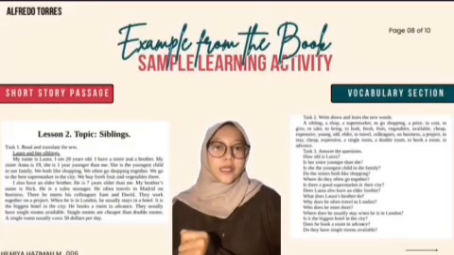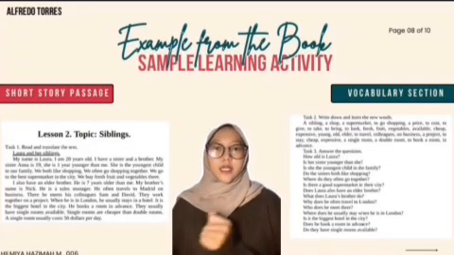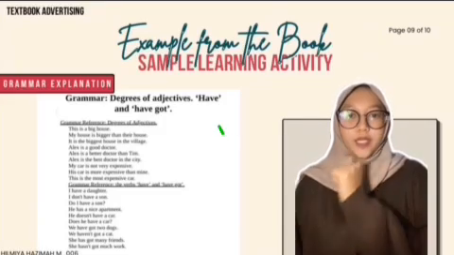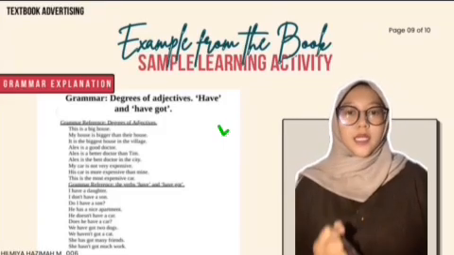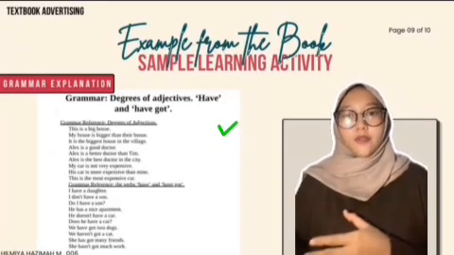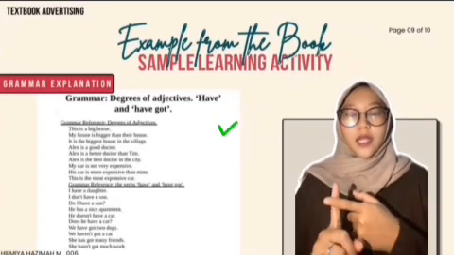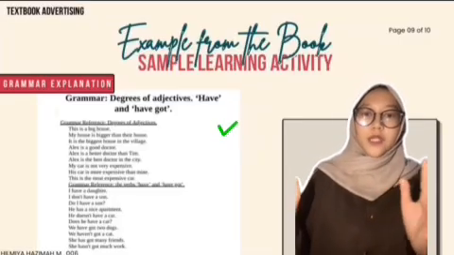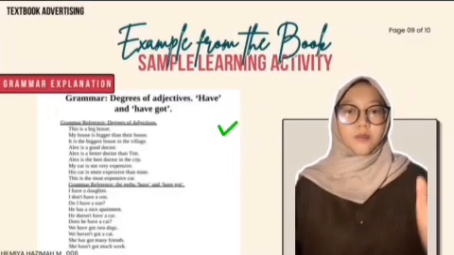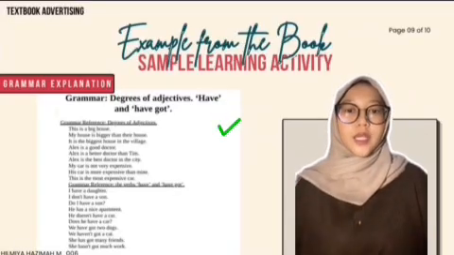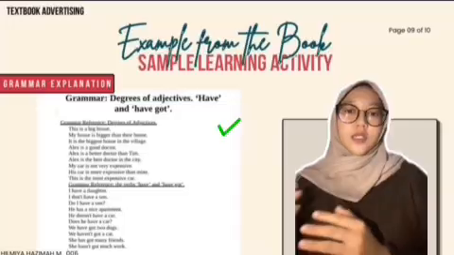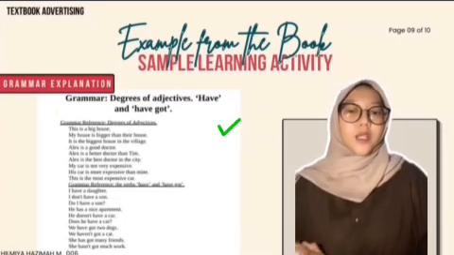And still on the example from the book, this slide shows us the grammar explanation part. Here we can see a grammar lesson on degrees of adjectives and the verbs have and have got, and the grammar is presented directly with clear example sentences such as: this is a big house, my house is bigger than their house, it is the biggest house in the village, so learners can immediately see the pattern in use.